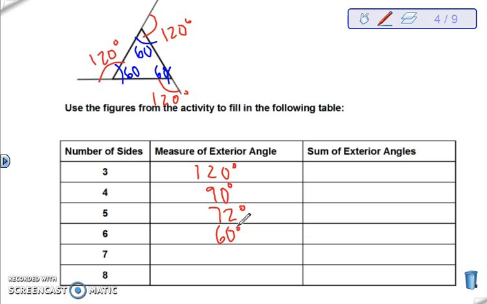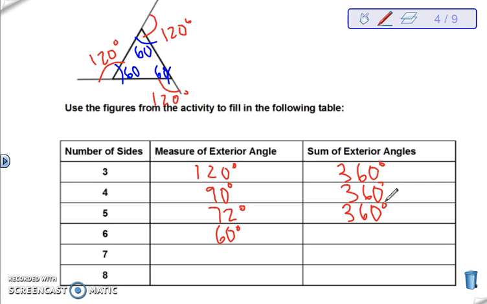So if I have 3 angles, each is 120 degrees, my total is 360. If I have 4 angles, each at 90 degrees, I have a total of 360 degrees. If I have 5 angles that each measure 72 degrees, I have a total of 360 degrees.